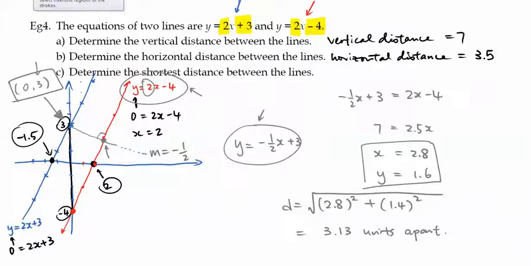And here the biggest concept of this question is to pick a good point to start with. In this case, I used the y-intercept on one line to do it, because this y-intercept will make it easier for me to write the equation for that perpendicular line.